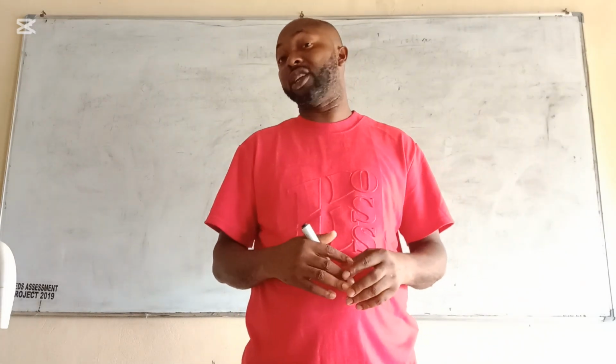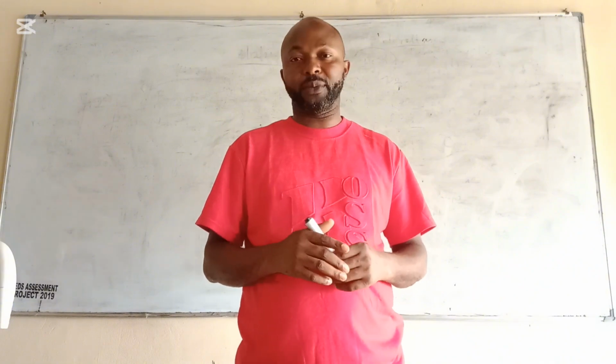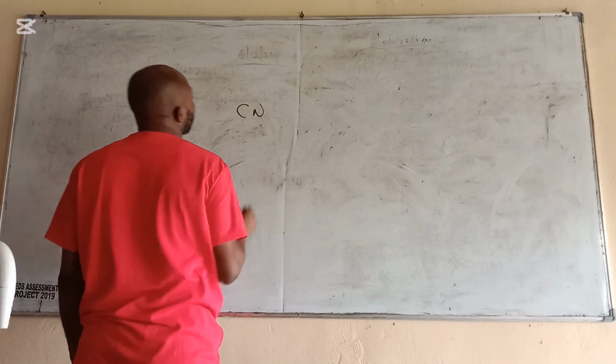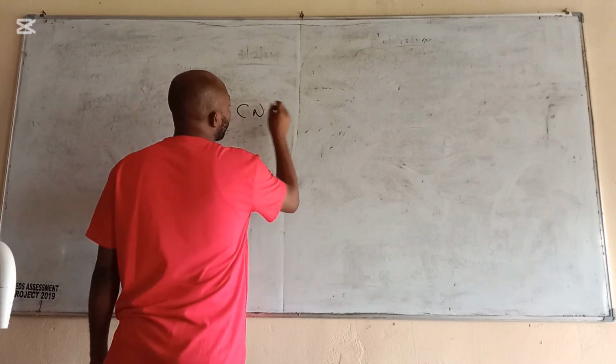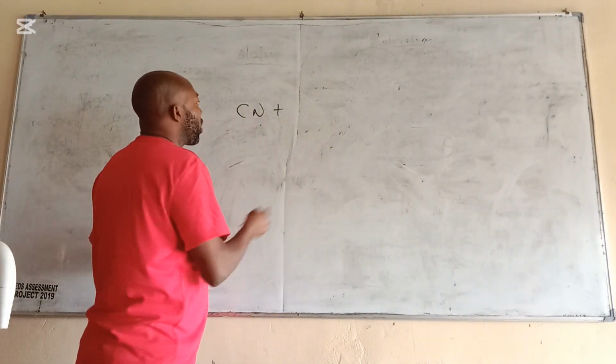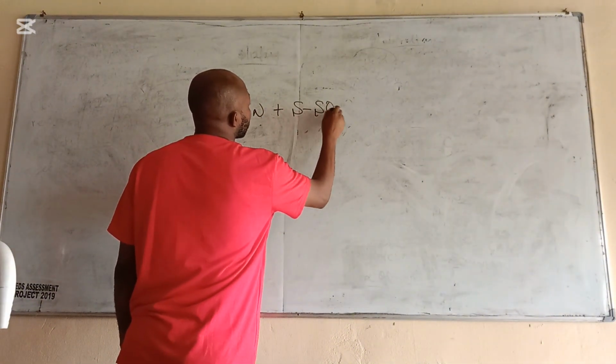And I guess you never knew about that. And this is the chemical equation to show that. So here we have our cyanide, and when we consume cyanide, the body sends an enzyme called thiosulfate transsulfurase.